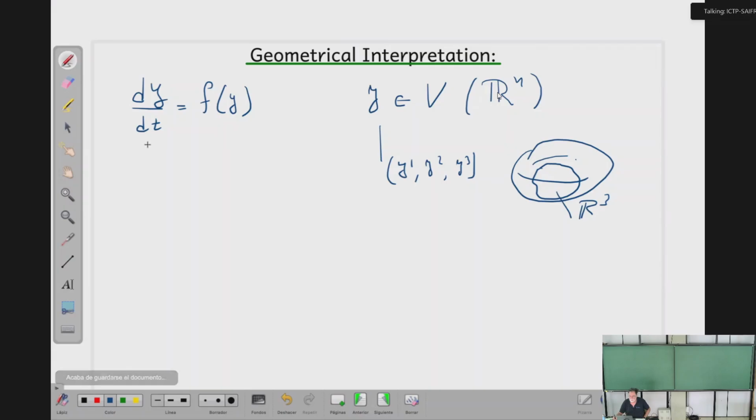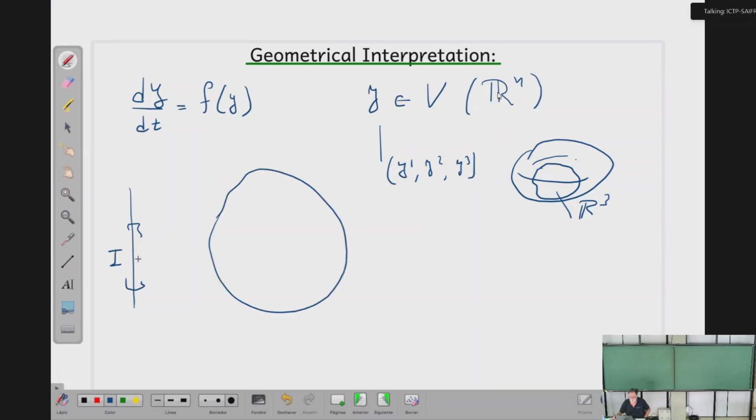So what it means to have this equation, we say that a solution of that is a curve. So we have a curve from some interval to our piece of Rn. So a solution is this curve.